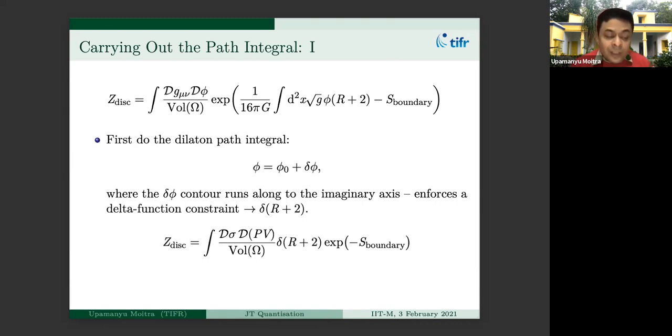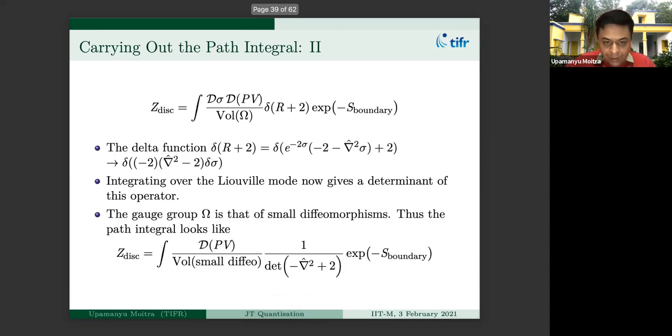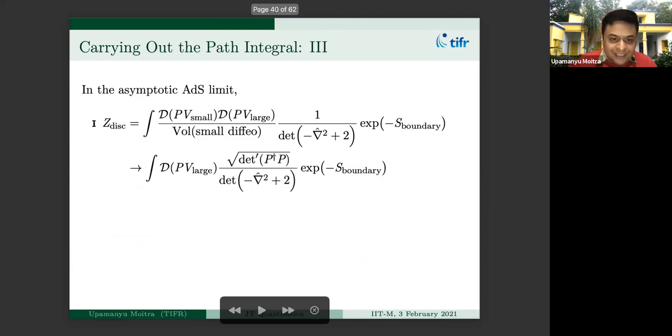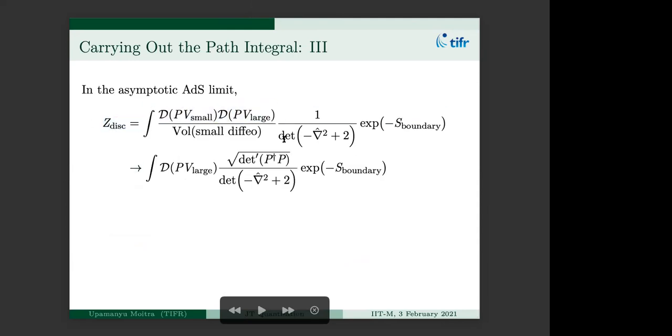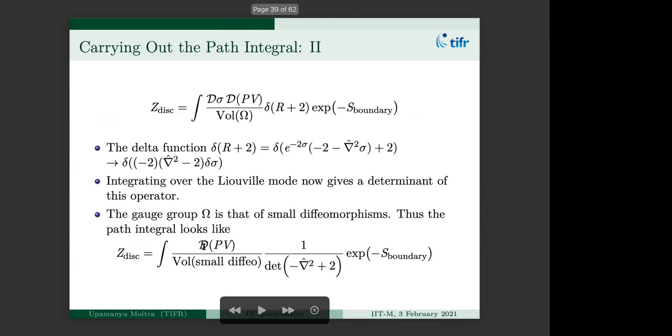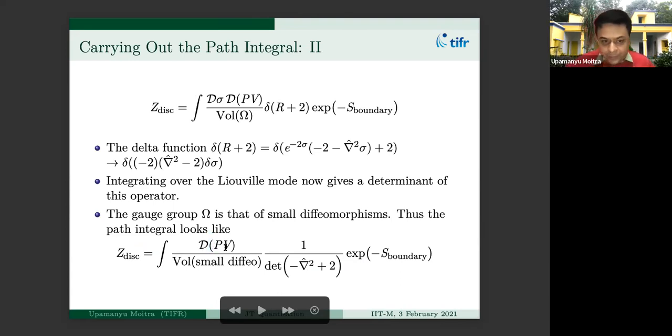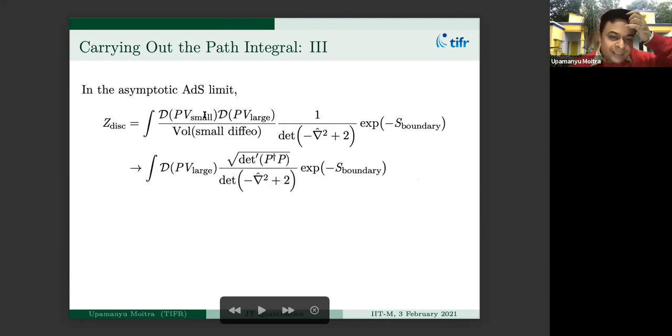Yeah. So it's in that limit that we got the answer. So that limit did play a role, in going from this step here to this step here. Otherwise, this general diffeomorphism, it's in this asymptotic AdS limit that this factorizes.